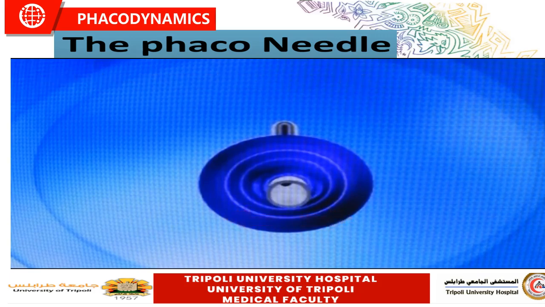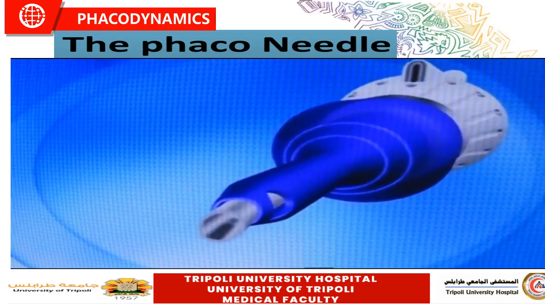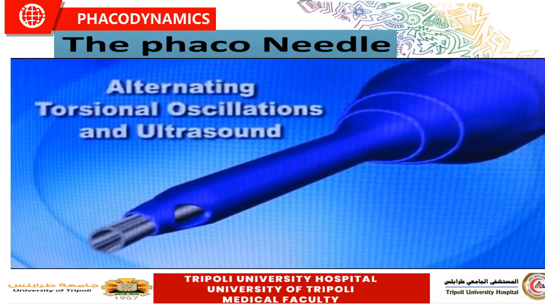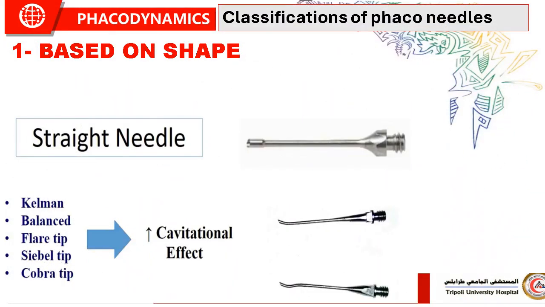This is very important to help and augment the emulsification of the lens fragment. Also, it can be in the form of a combination of both torsional as well as longitudinal movements, and it can be also in the form of transverse movement. So all this energy is transmitted to the lens fragment or to the nucleus through the Phaco needle.